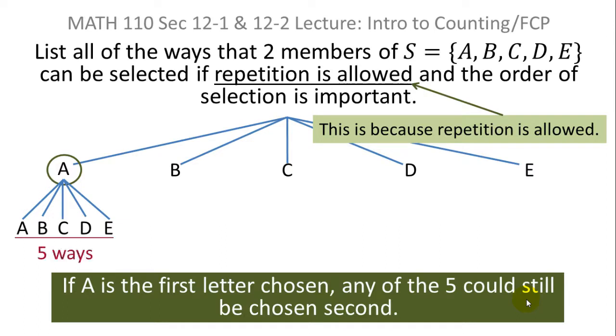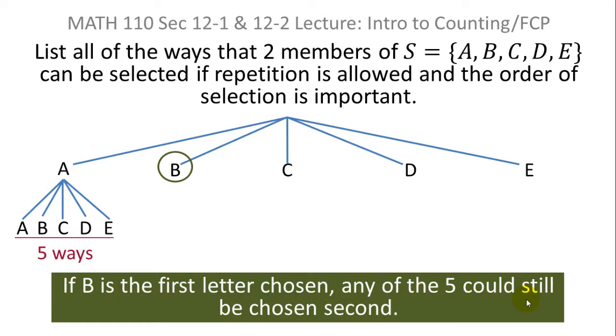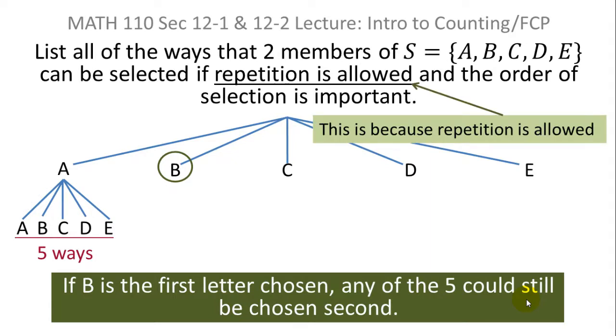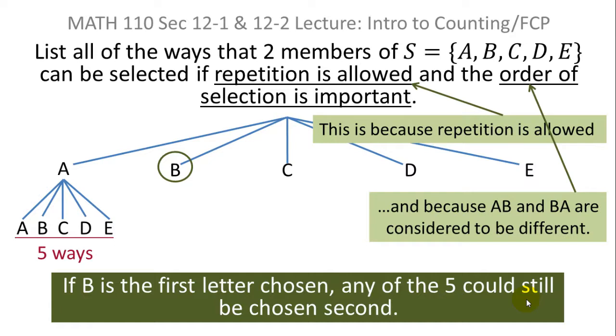If I move along to B, of course that's 5 different ways. I've got the same set of options. Because B can be repeated, I can go B, B, and also the order of selection is important. So even though I've already chosen A, B over here, I can choose B, A because A, B and B, A are considered to be different.